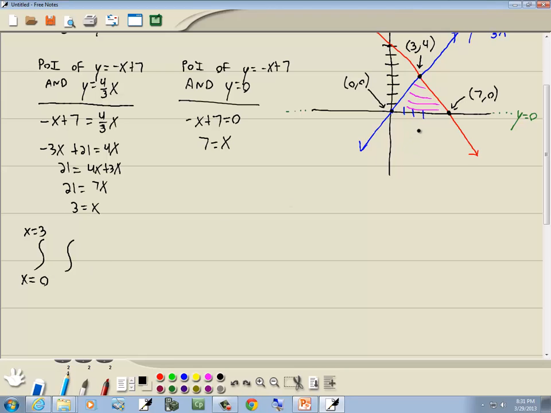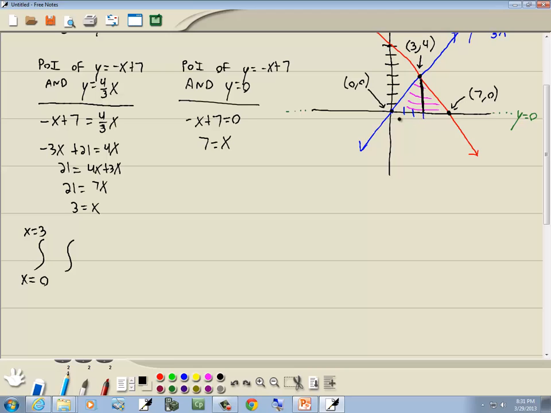Now look at our y part. If I'm just looking at this first half, and let me draw a little black line here to separate them. Okay. I'm looking at this first half right here. This blue line is above the green line.